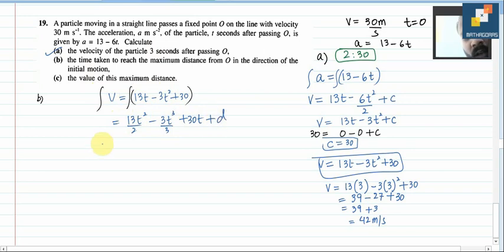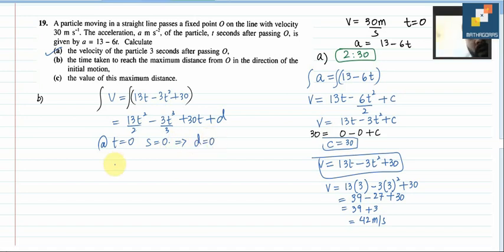At t equals 0, displacement equals 0, so with these two parameters, d equals 0. So the final expression for distance is 13 over 2 t squared minus t cubed plus 30t.